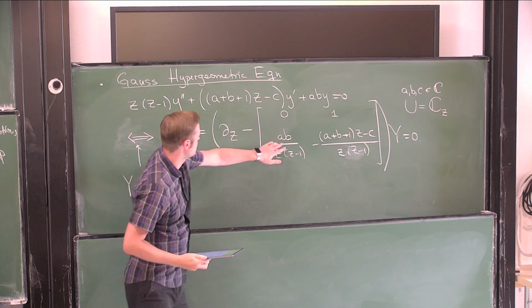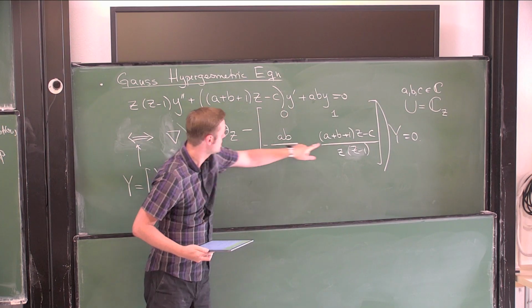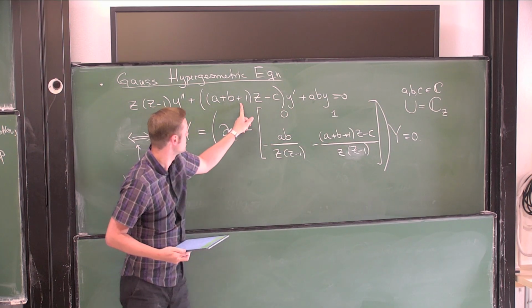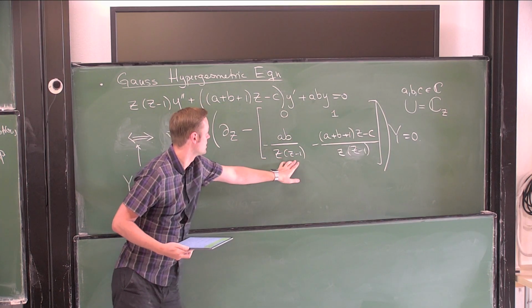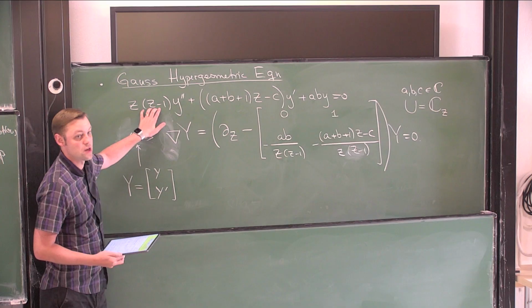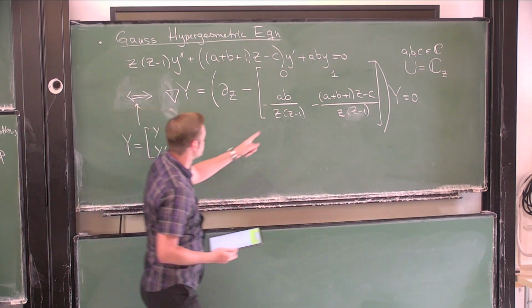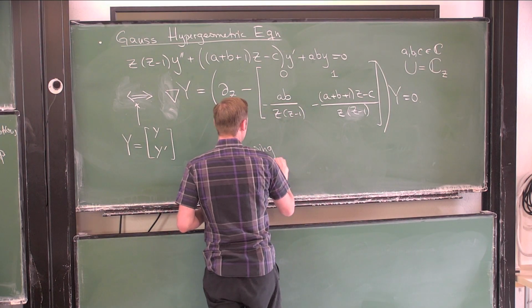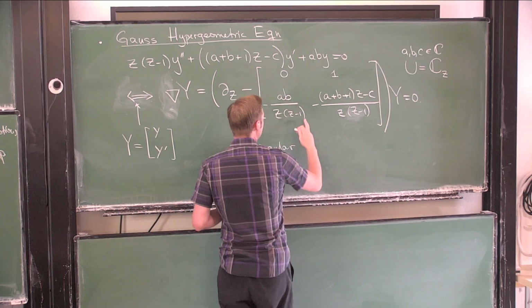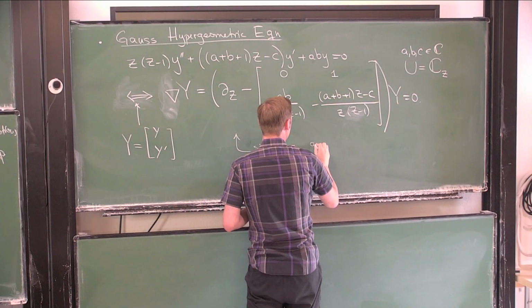So this is just the last coefficient with a minus, and this is just this coefficient with a minus. And I've divided, you have to divide by the coefficient in front of the second derivative. So this guy has singularities quite obviously at z equal to 0 and z equal to 1.